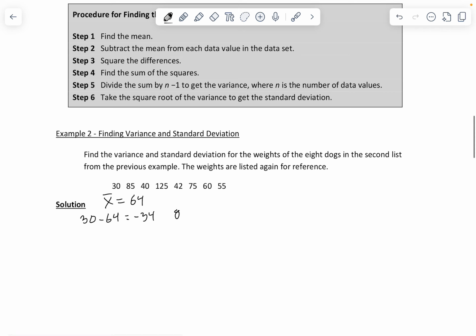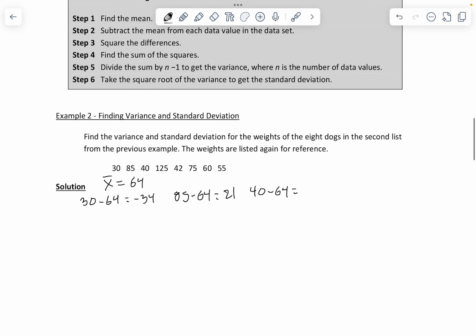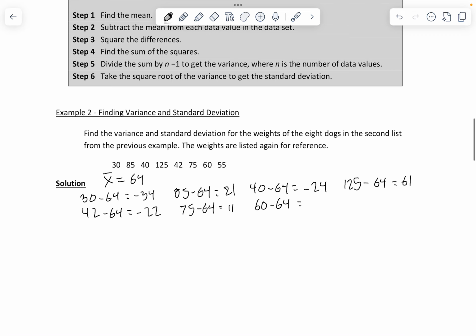And then 85 minus 64, which equals 21. 40 minus 64 equals negative 24. 125 minus 64 equals 61. 42 minus 64 equals negative 22. 75 minus 64 equals 11. 60 minus 64 equals negative 4.